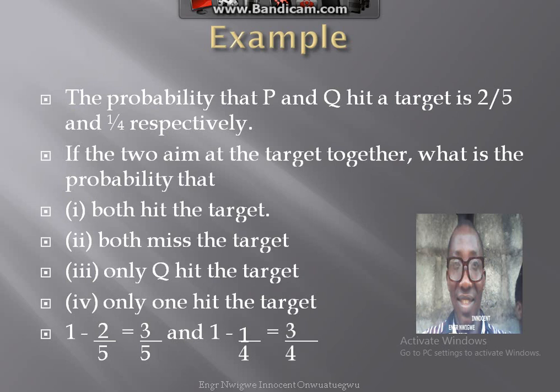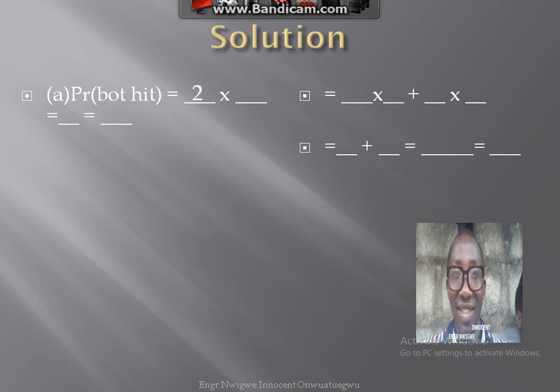Solution: if the two aim at the target together, what is the probability that both hit the target? The probability for both is equal to 2 over 5 times 1 over 4, which is equal to 2 over 20. 2 will cancel itself to give us 1, and 20 to give us 10.